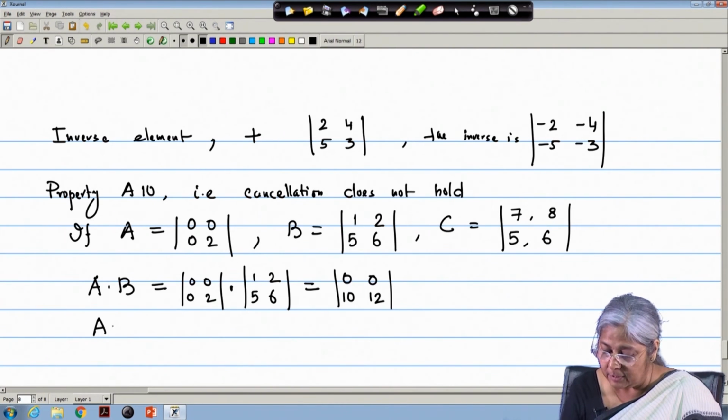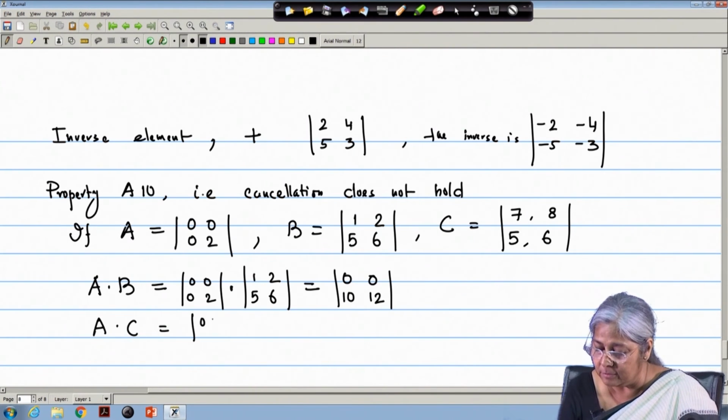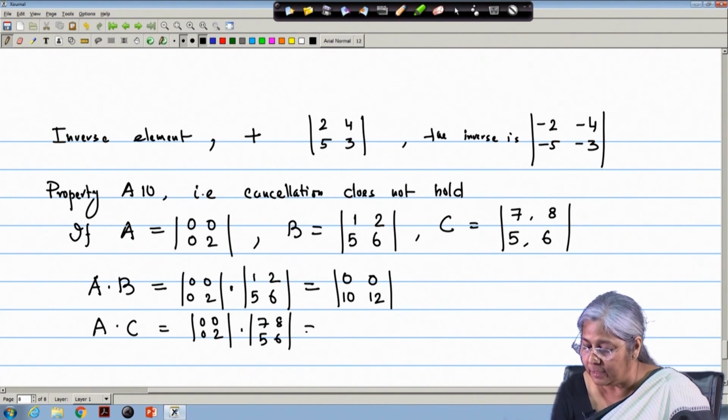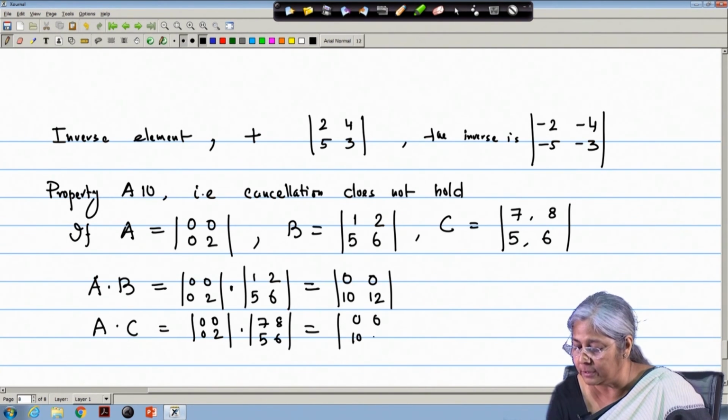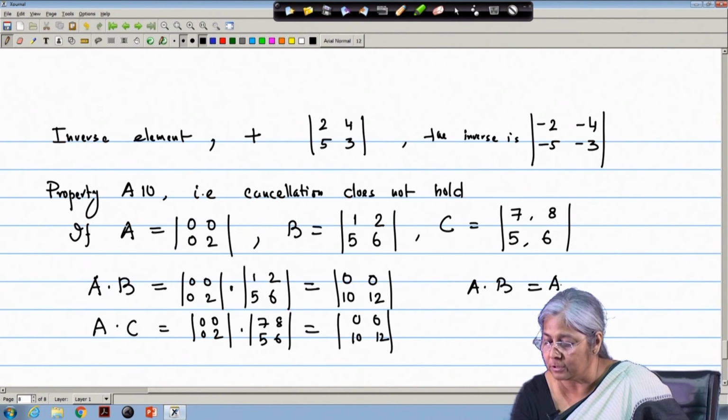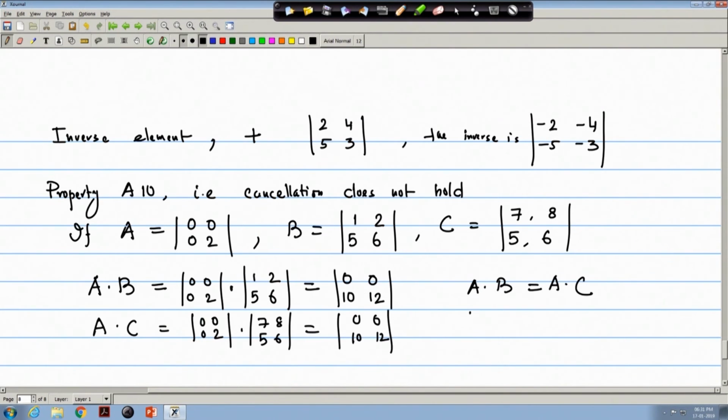Similarly, if I get A dot C, it is 0 0 0 2 dot 7 8 5 6, then I also get 0 0 and 10 and 12. So, I get A dot B equal to A dot C, but B is not equal to C, even though A is not equal to 0. So, the cancellation property does not hold here, and idempotent does not hold.